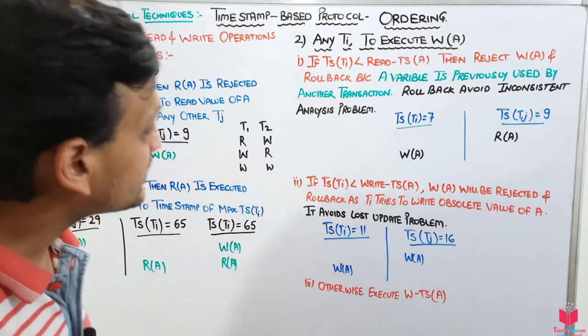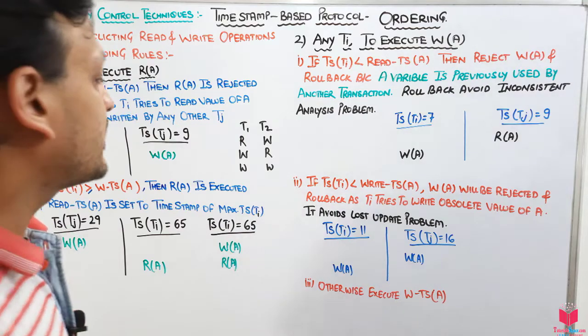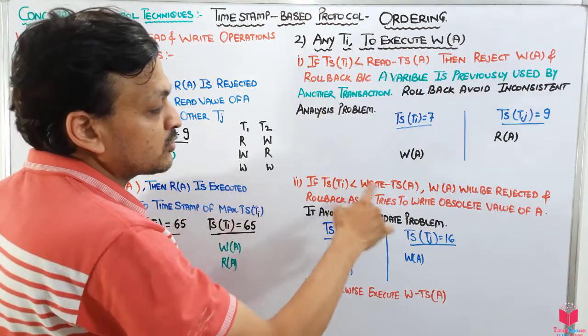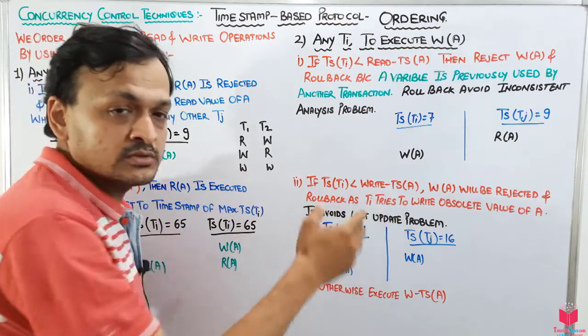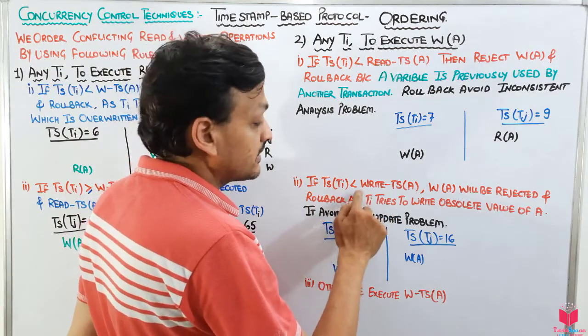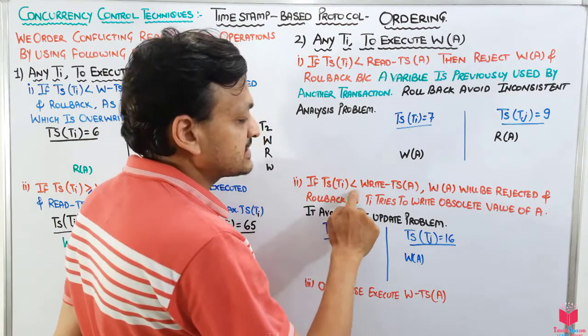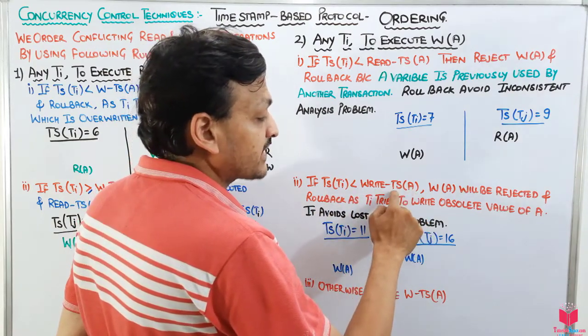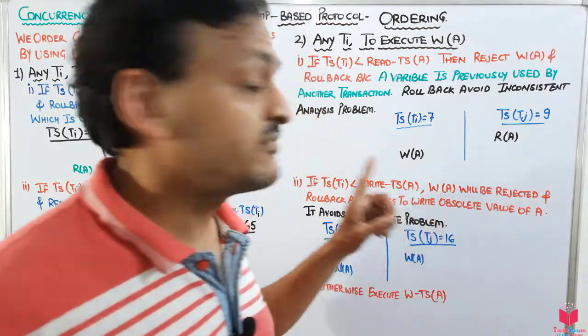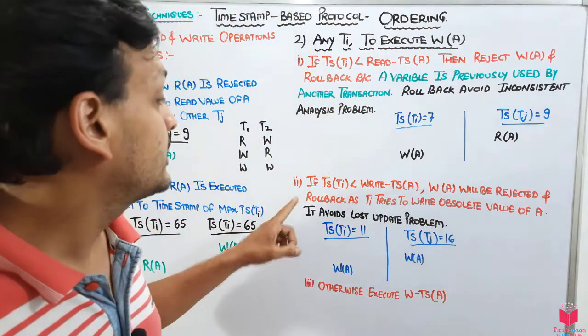Okay guys, in the next scenario we want a write operation by Ti, but somebody has already written on that variable. Suppose the timestamp of Ti is less than the write timestamp of A, then the write operation will be rejected again and rolled back.